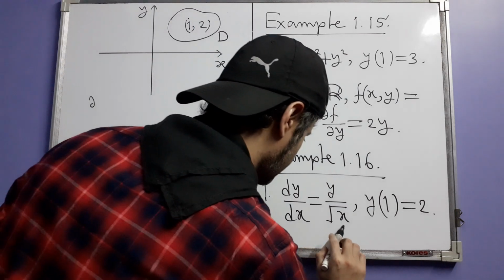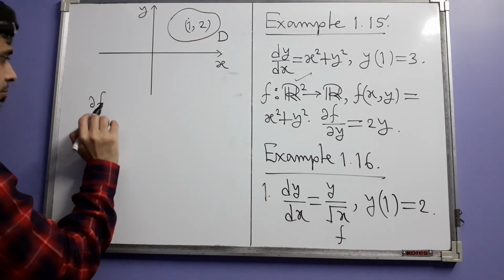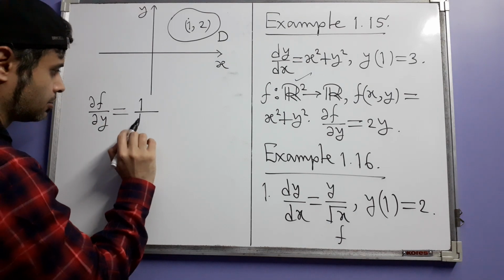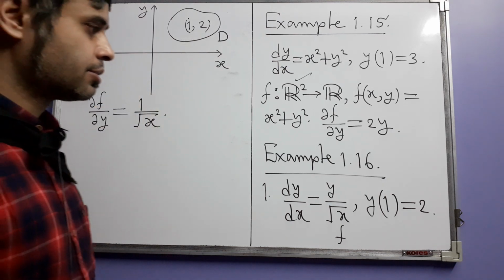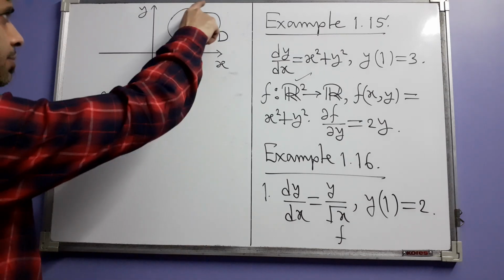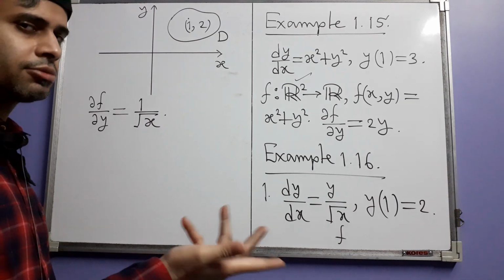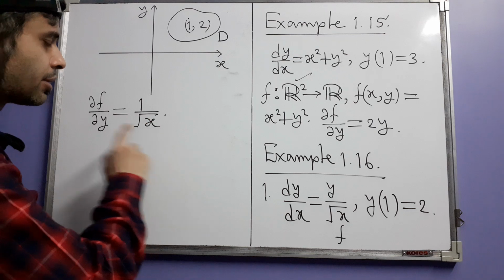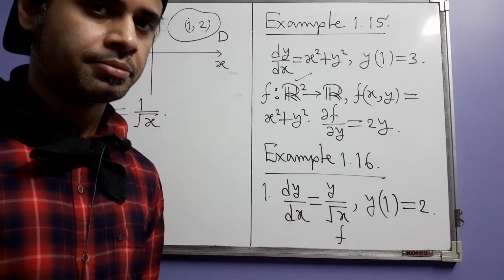If I am calling this f, then f is continuous and defined on D. The partial derivative with respect to y is this. This also exists at every point of D and is continuous. The author has actually chosen a more regular shape, I think a square like this, whose midpoint is (1, 2); anything you can choose as your D. So by theorem 1, this IVP also has a unique solution.